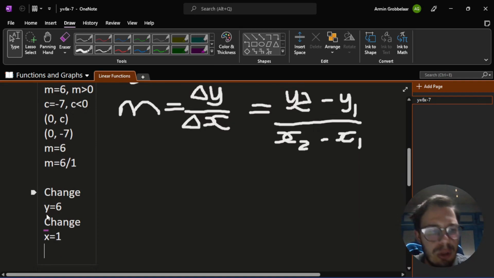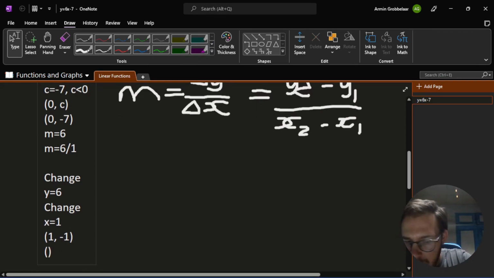So now we'll take the first point, (0, minus 7). The change in x is 1, so 0 plus 1 is 1, and the change in y is 6, so minus 7 plus 6 is minus 1.